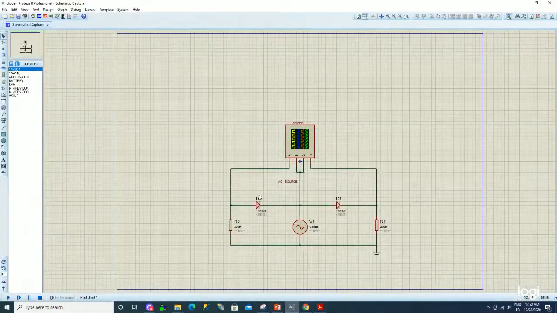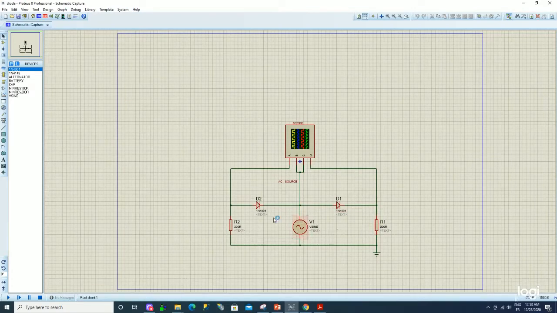Now let's go to a real simulation of the diode. I made up these circuits in order to demonstrate both circuits we studied earlier. In the first one, I have my AC source, my diode connected in the right position, and my resistance.